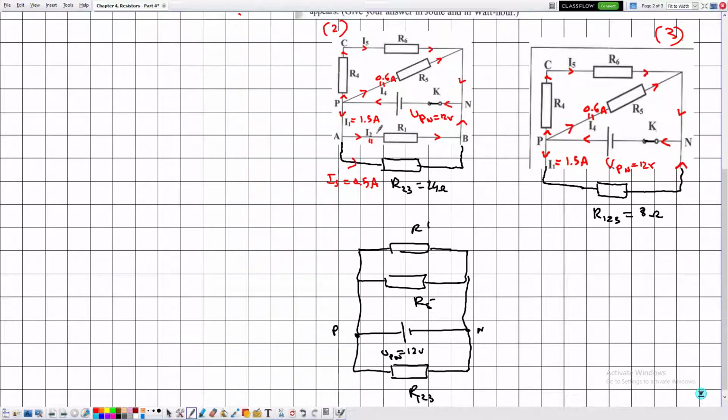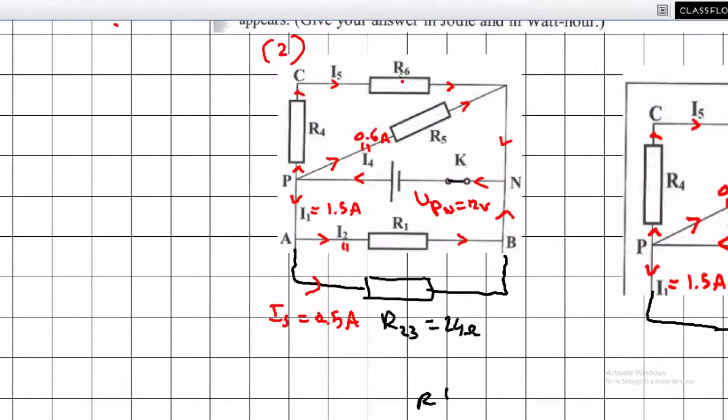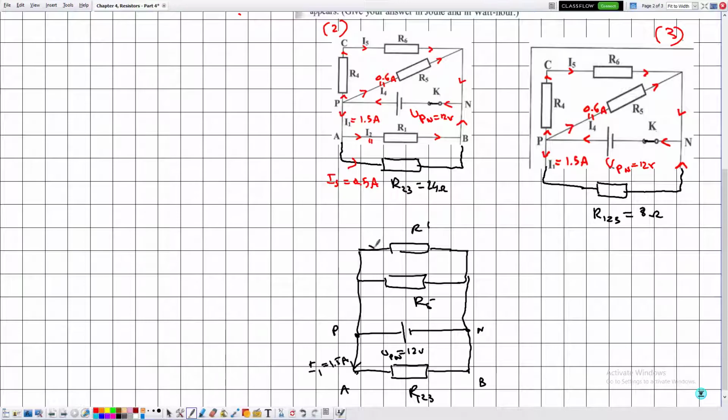Okay, the point C will disappear. We don't have any points. Sorry. Okay, this is A and this is B. This is the current I1 is equal to 1.5 amperes. Here the current traversing R prime, which is the equivalent between R4 and R6, is I5.